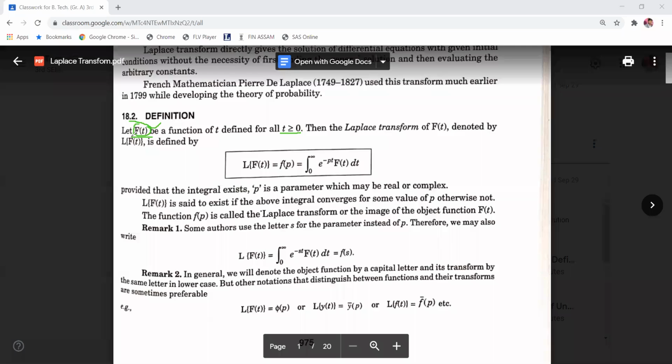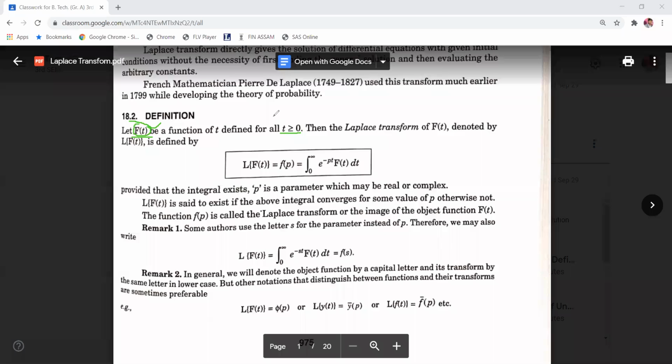So this condition must be there. The Laplace transform is not defined for t less than 0. So we need to consider a function that is valid only for t greater than or equal to 0.